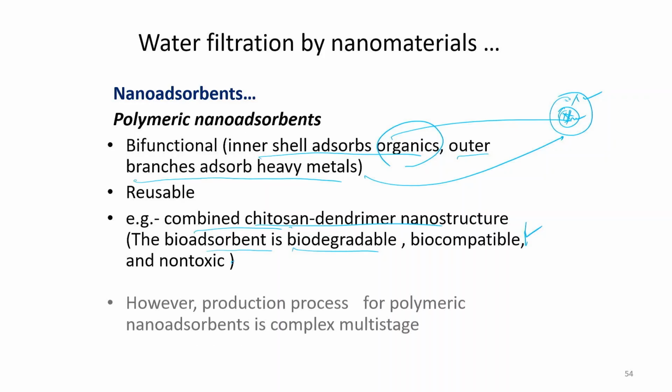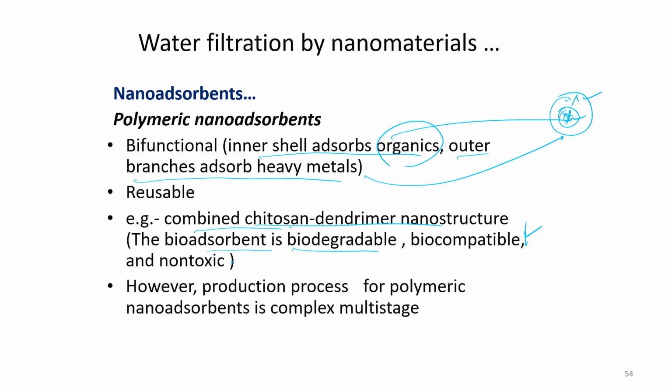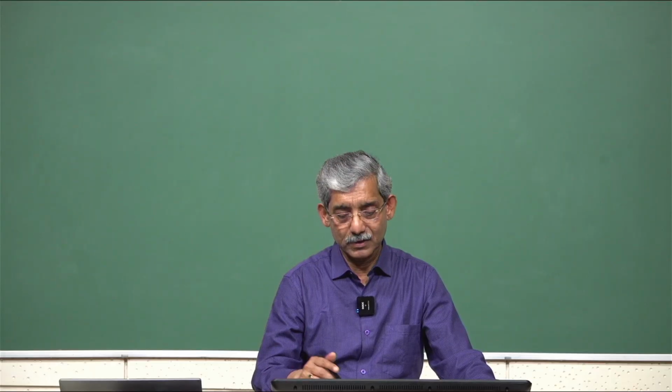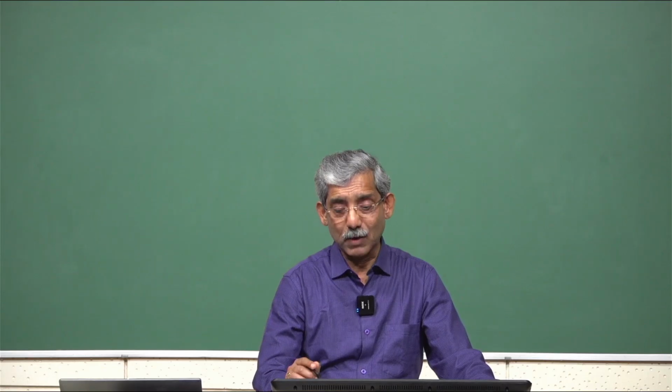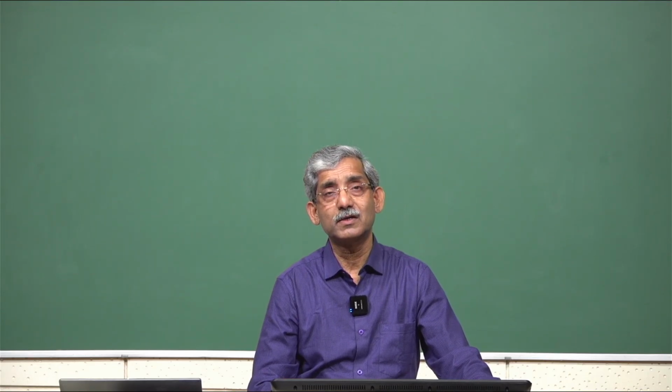But the problem here is that the production process for polymeric nano adsorbent is complex and multi-stage. At first we have to create the core, then we have to create the shell. So, this is a complex process, and that is why it is not that simple.